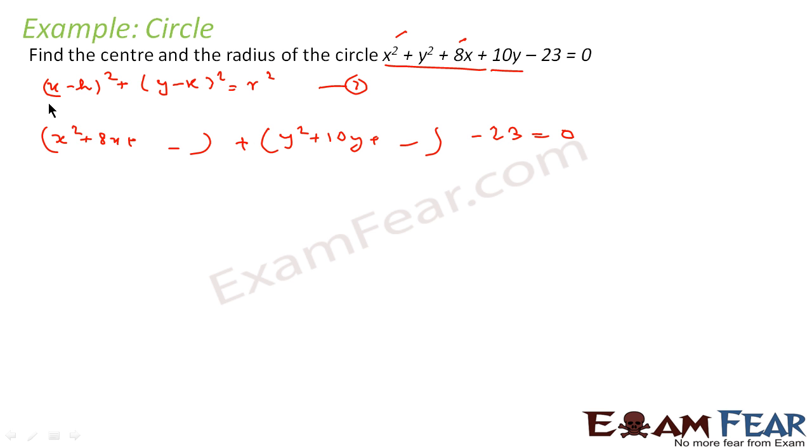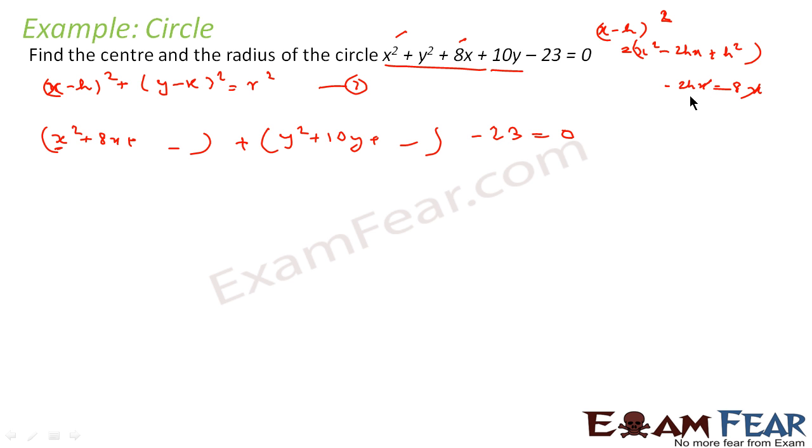Why are we doing it like this? Because I want to get the x minus h whole square form. You know x minus h whole square is nothing but x square minus 2hx plus h square. If you see, this is x square, and minus 2hx is equal to 8x.